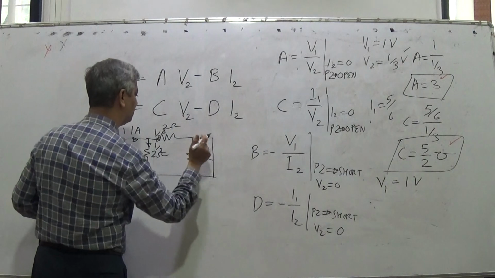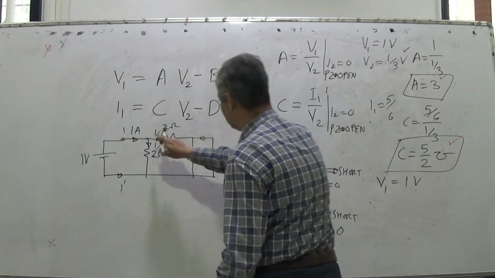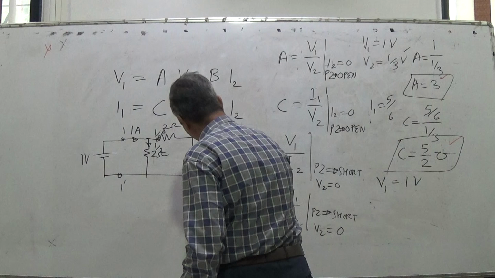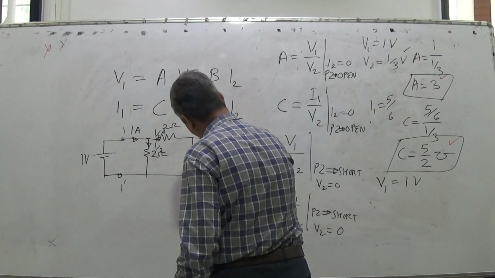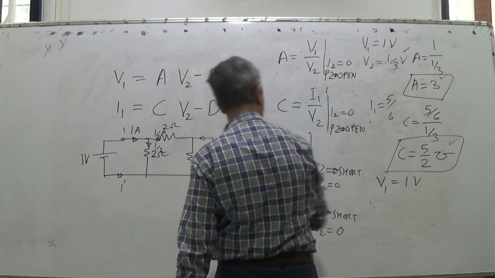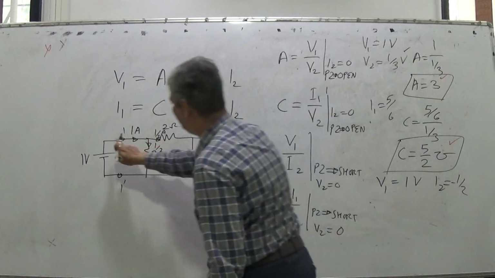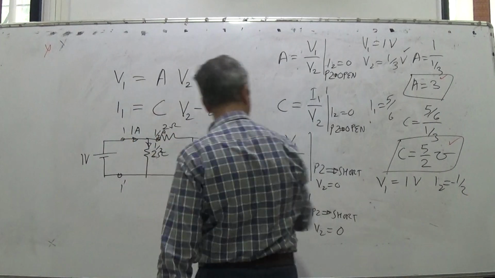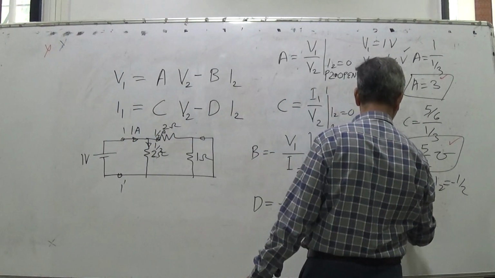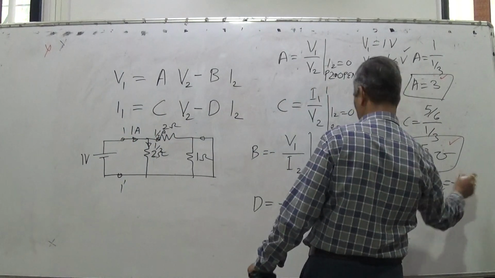This is shorted, so nothing will happen. So I2 is this current. This half ampere will go here, which means current I2 is minus half. And what is I1? I1 is 1 ampere. So everything is calculated. What is B?